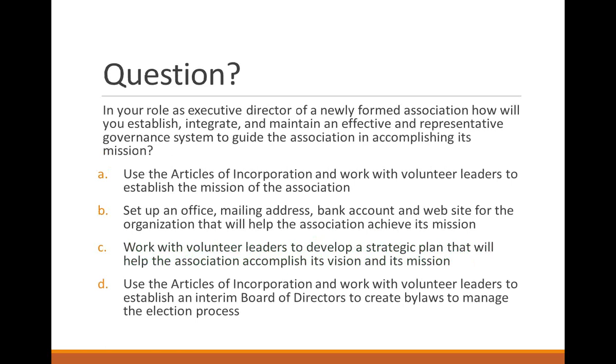Okay, any responses? I'm not seeing any. Can we move to the next slide then, Lisa? Okay. The answer is C, work with volunteer leaders to develop a strategic plan that will help the association accomplish its vision and mission.